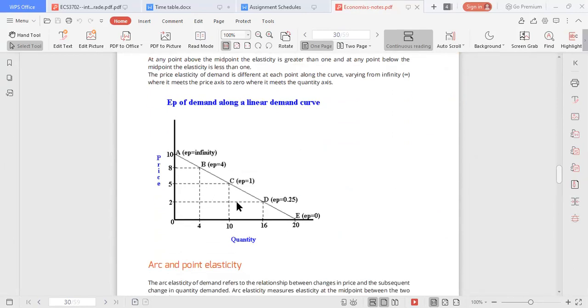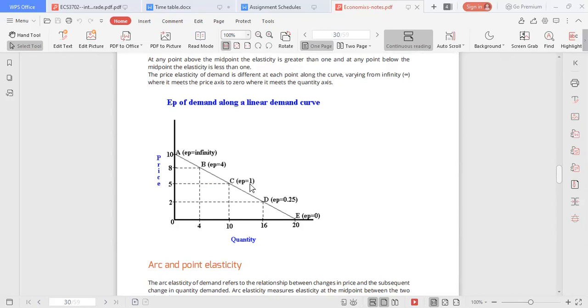On a demand curve, elasticity does vary. On this point, we have unitary elasticity. Unitary elastic is elasticity equal to 1, because remember we said that a 10% increase is causing a 10% decrease in quantity. 10 divided by 10 is equal to 1.